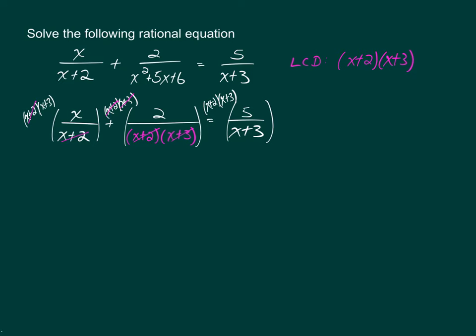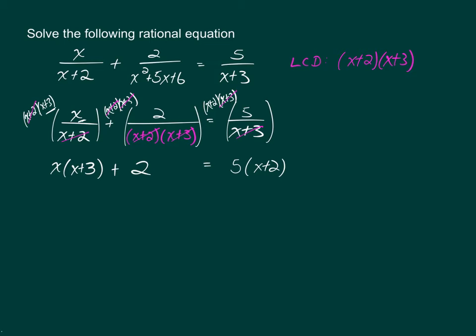And in this last fraction over here on the right side of the equation, the x plus 3's cancel. That leaves you with x times x plus 3, plus, in this fraction here, all we have left is 2, equals, and with this last fraction over here, we have 5 times x plus 2 left over.